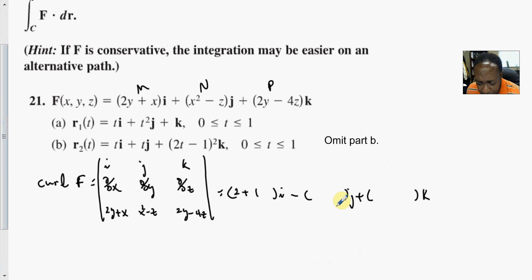We go to the j-th position, and we delete the j-th row and column. So is this partial over here with respect to x? 0, minus the partial of this guy with respect to z, that's 0. And so then we look at here the k-th position.